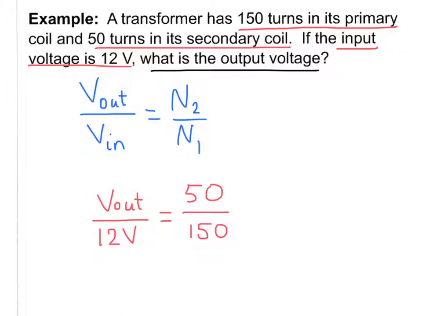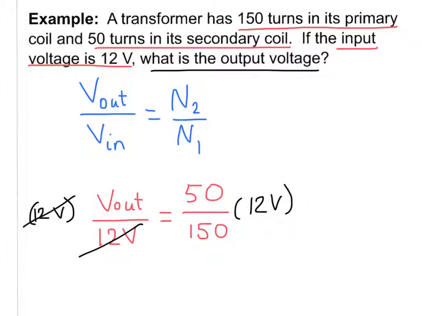So I can do this problem a number of ways. I can cross multiply, or I think what would be easier in this case is simply multiply both sides by 12 volts, because then my 12 volts cancel on this side.